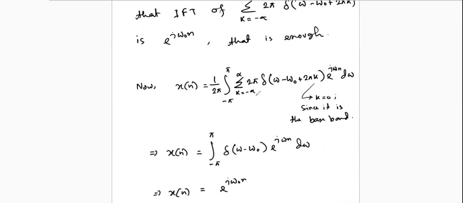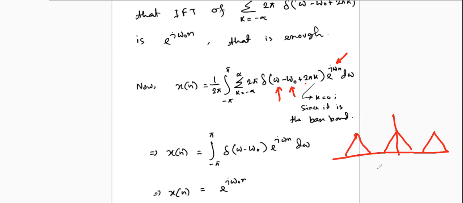Now, closely, if we want to see this value, of course, you can understand this is a function of ω, where ω0 is constant, a particular frequency, and 2πk shows the repetition. In the frequency domain, if you have this spectrum, you will have that spectrum again and again.